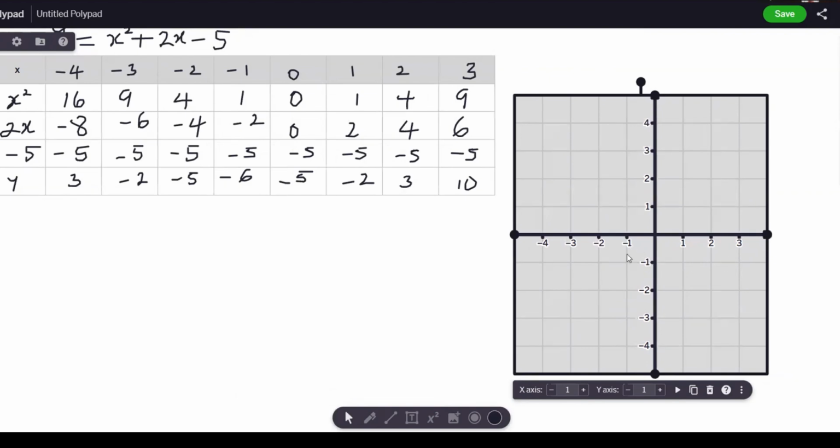So this is 2 centimeters to represent 1 unit, meaning we have 1 here, the next unit is 2, the next unit is 3, the next unit is 4. So the difference between the first unit and the second unit is 1. Likewise, the third and the fourth is 1. So their individual difference is just 1, and it goes like that.